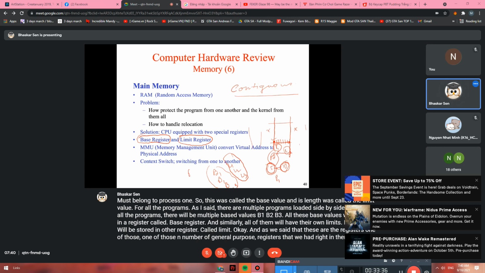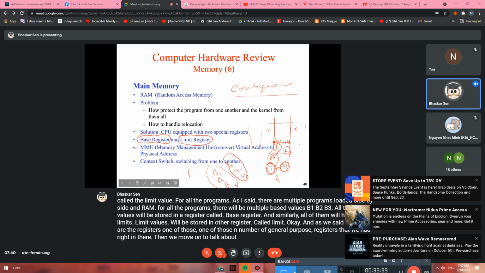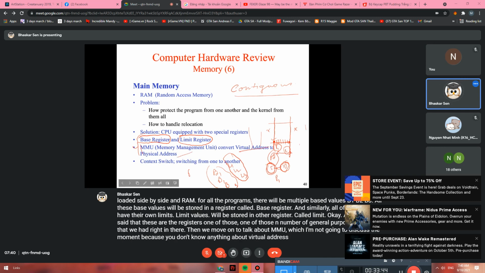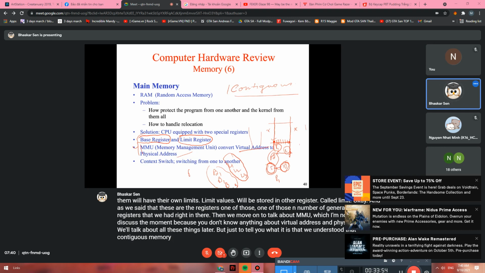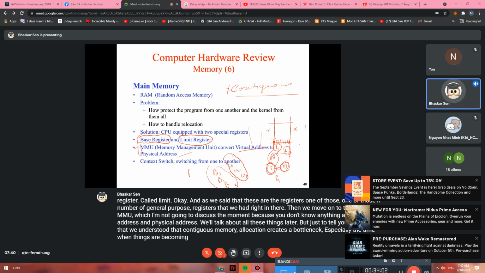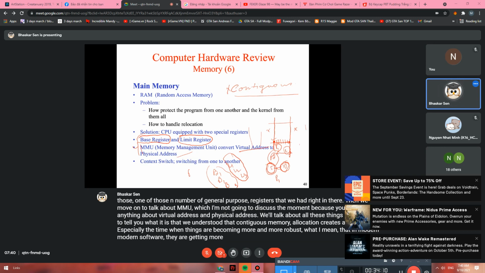Then we move on to talk about MMU, which I'm not going to discuss at the moment because you don't know anything about virtual address and physical address. We'll talk about all these things later. But just to tell you what it is, we understood that contiguous memory allocation creates a bottleneck, especially at a time when software is becoming more and more robust.